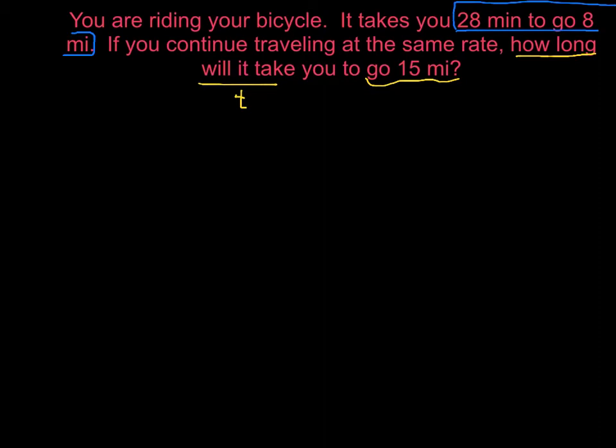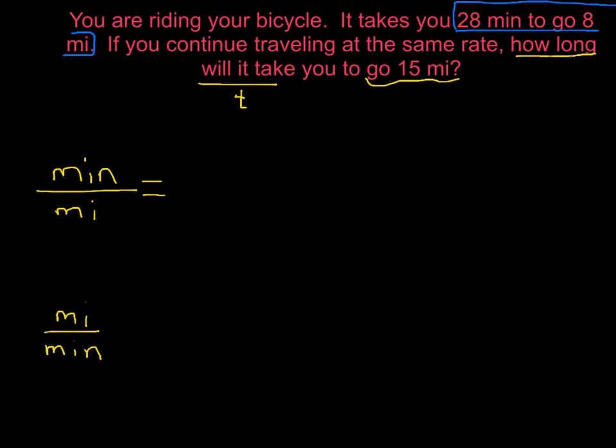There are multiple ways that you can set up this proportion and still get the same answer. I'm going to set it up as comparing minutes to miles. And really, if you wanted, you could write miles on top and minutes on the bottom, and it doesn't matter as long as you're consistent throughout the problem.